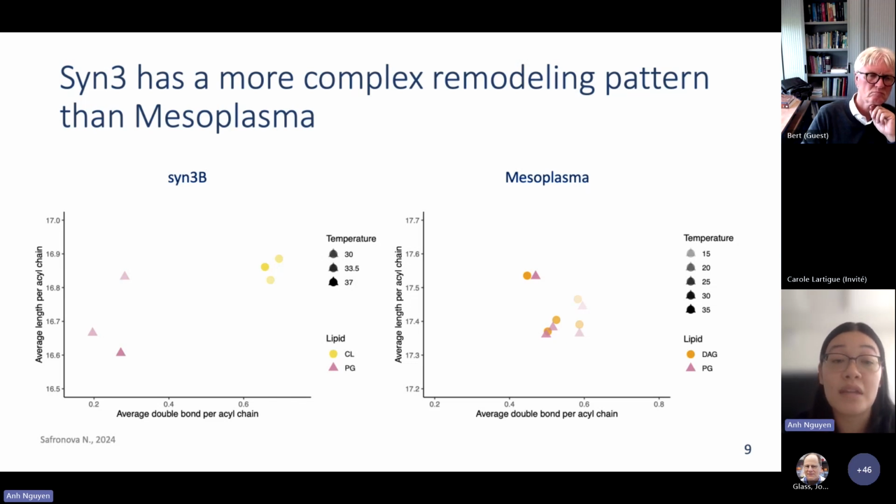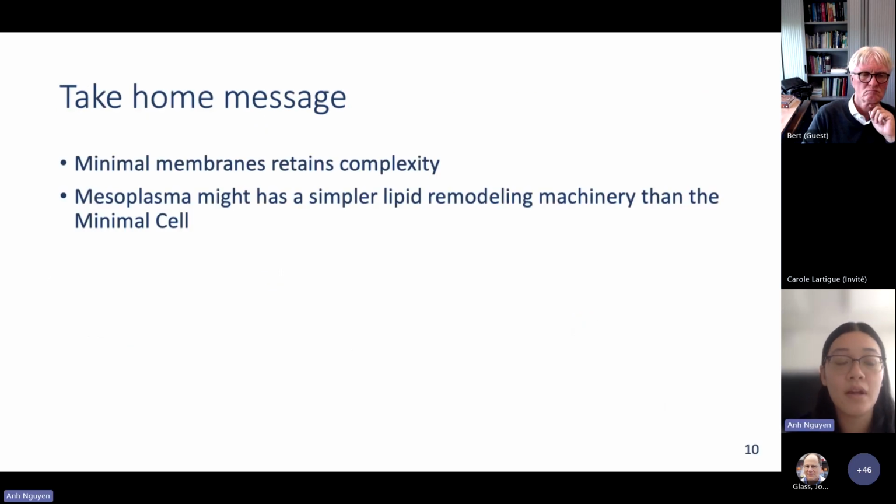This means that Mesoplasma perhaps has an even simpler lipid remodeling mechanism compared to syn3, even though their genome size is, of course, larger. So this is a little snapshot of what we are working with.